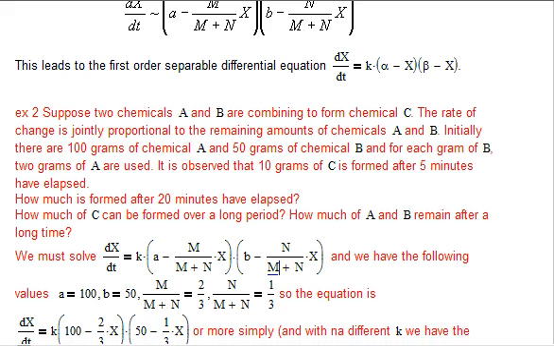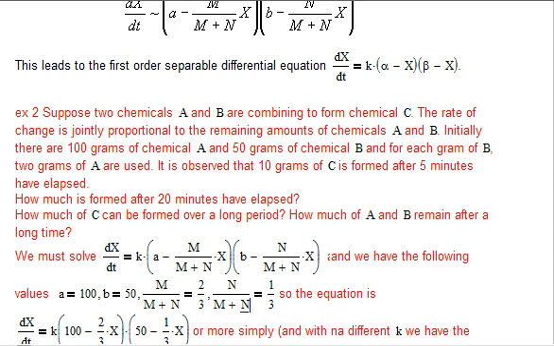So we're given the value of A at 100, B at 50, M over M plus N is 100 over 100 plus 50, so 100 over 150, which is 2/3. N over M plus N, that ratio is 1/3, because it's 50 over 100 plus 50.